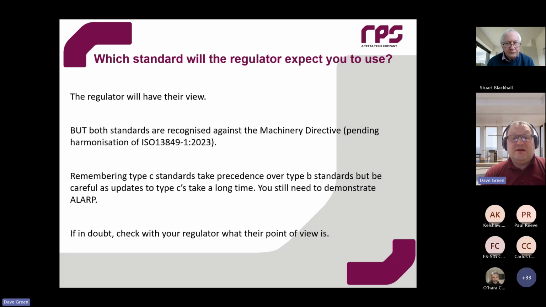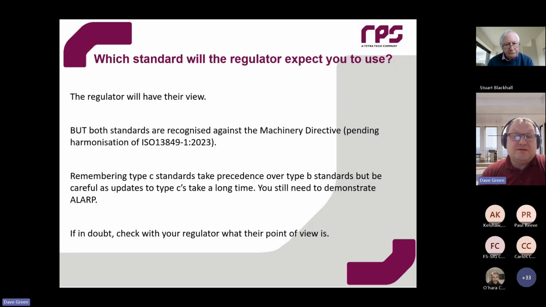You still, as an operator of a machine, need to demonstrate your ALARP. So it might be that some of the requirements in Type Cs may need to be updated with, for example, an updated SIL level or performance level for the interlocks. But if you are in doubt and you've got a good relationship with your regulator, just ask what their viewpoint is.